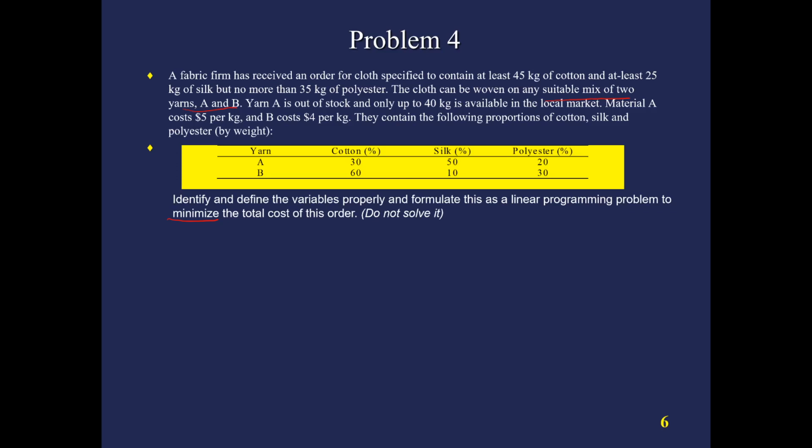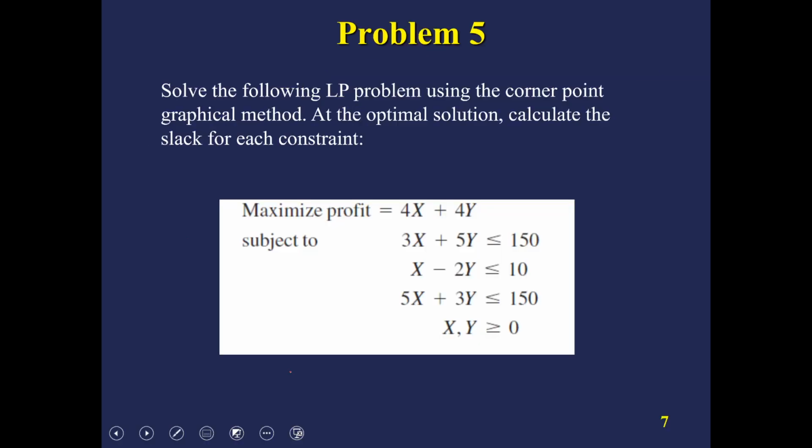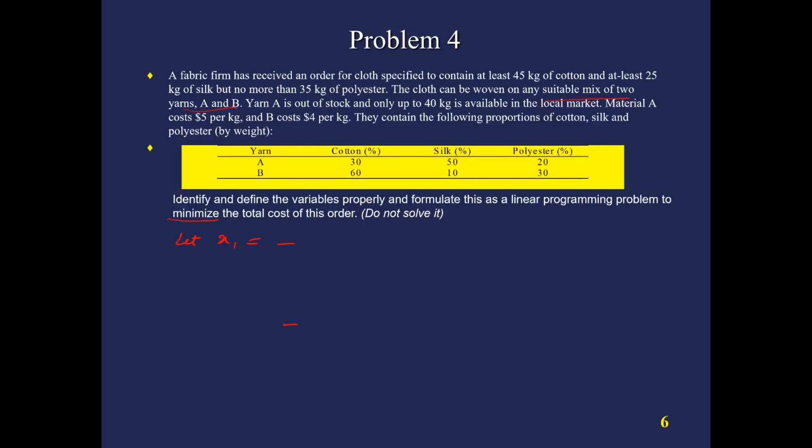So our decision variables are, let x1 be equal to number of kilograms of yarn A, and x2 be equal to number of kilograms of yarn B. All right, then our objective is to minimize the total cost.